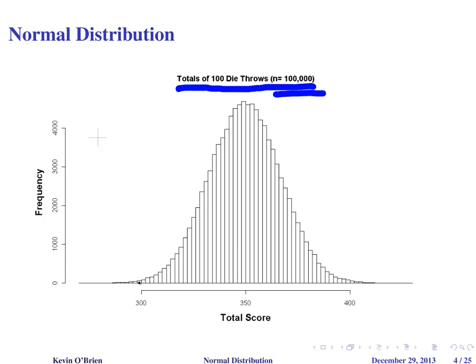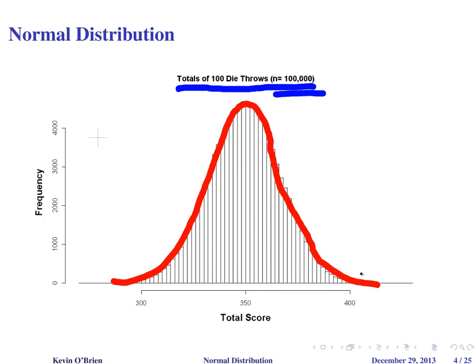Here it's 100,000. So once you have a really, really large number of observations and smaller and smaller bin widths, you can see the bell shape start to emerge, just like this. So that's why it would be used quite a lot.